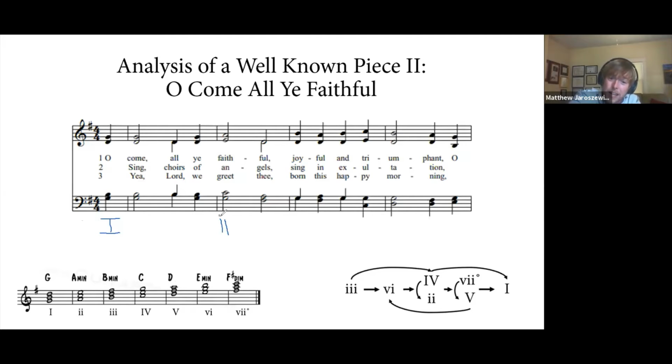This is a third inversion A minor seventh chord. As you can see, the G, the seventh of the chord, in this case, the G is in the bass. 2-7 going to a 5 chord, D major.